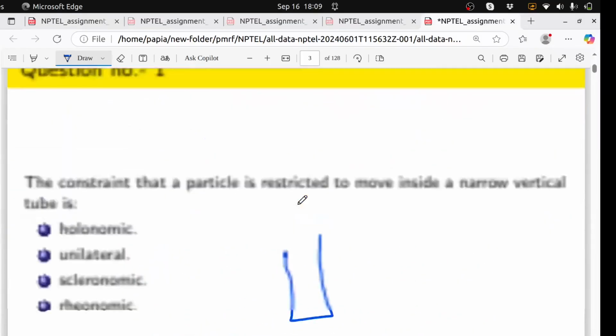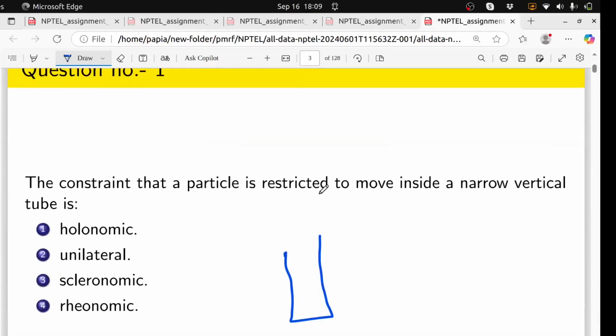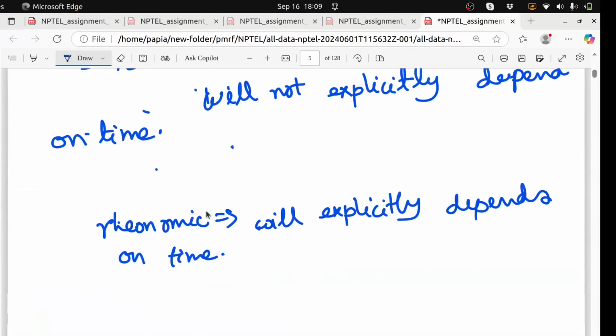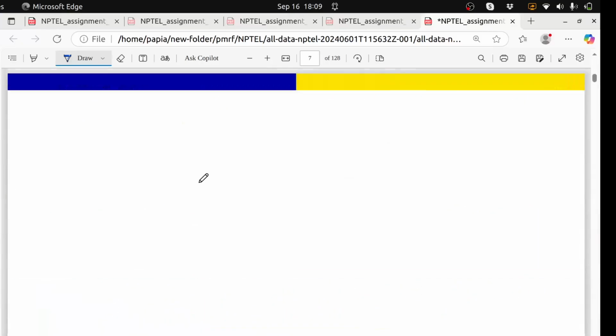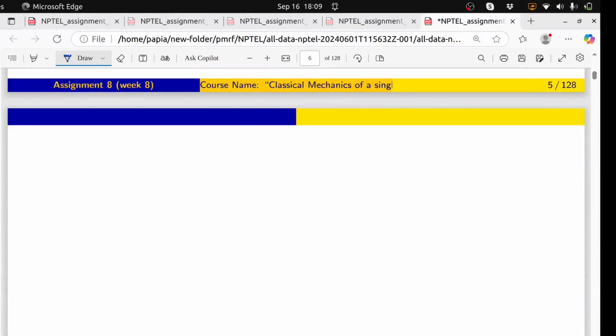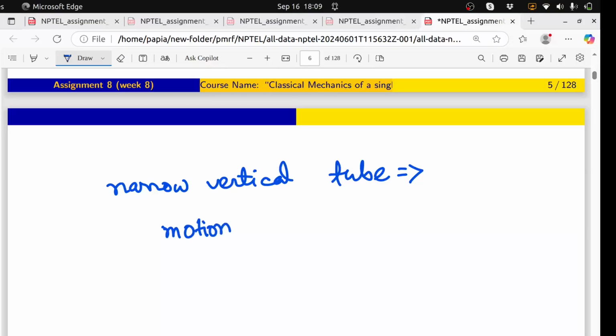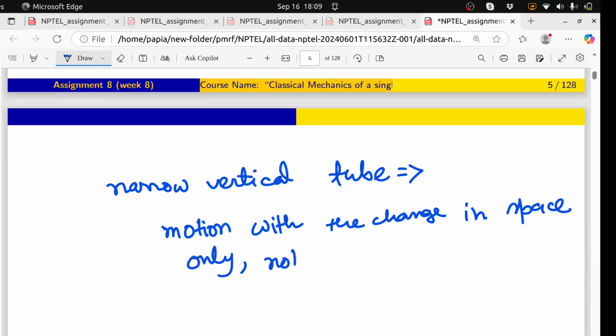Now come to the options here. So what is the question? That a particle is restricted to move inside a narrow vertical tube. So if it is constrained to move in a narrow vertical tube, that means it will be a motion with change in space only, not in time, right?